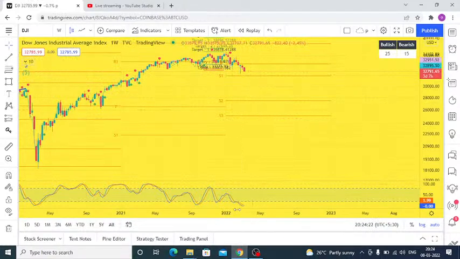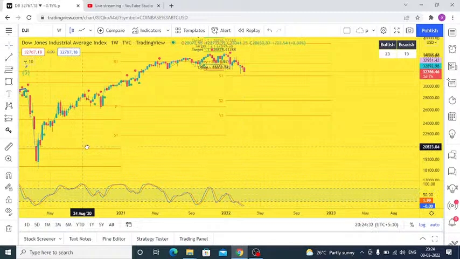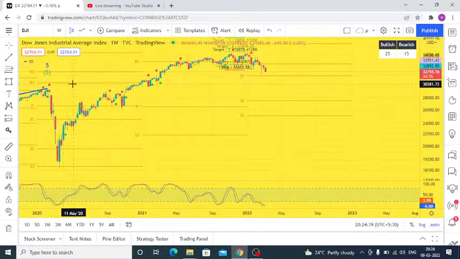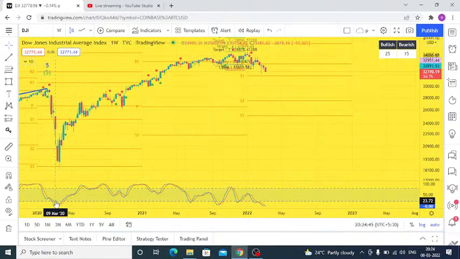Now you can see the stochastic. The stochastic is up to the previous level, but it is not oversold. Like what selling we saw, 10,000 points, 11,000 points getting corrected in Dow Jones, and then the stochastic was down.